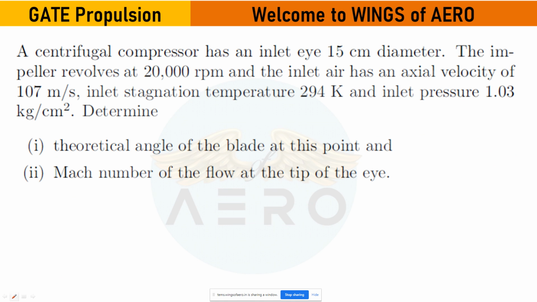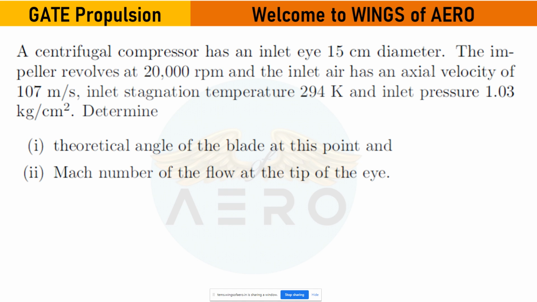Now this is a different problem. A centrifugal compressor has an inlet eye of 15 centimeter diameter. The impeller revolves at 20,000 rpm and the inlet air has an axial velocity of 107 meter per second.